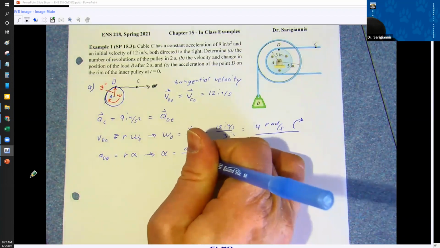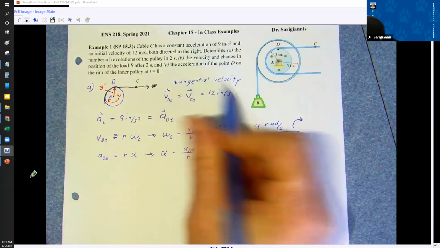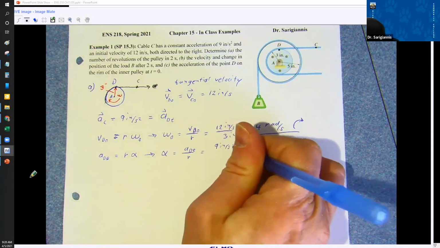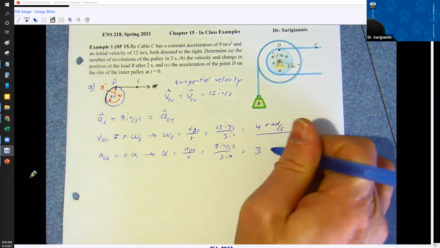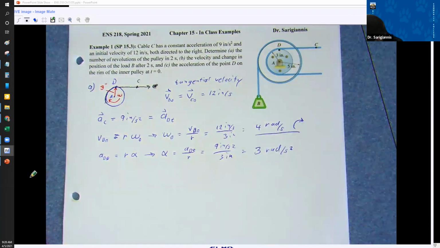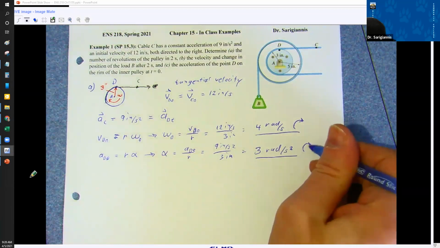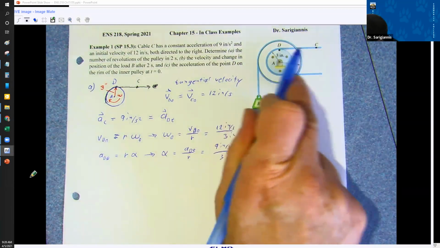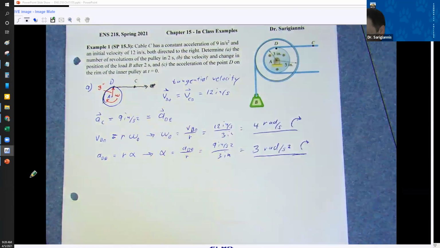And remember, alpha is going to be constant: acceleration of 9 inches per second squared over a 3-inch radius. And this is 3 radians per second squared. And the acceleration for this one is also clockwise, right? Our rotation is clockwise in this case.